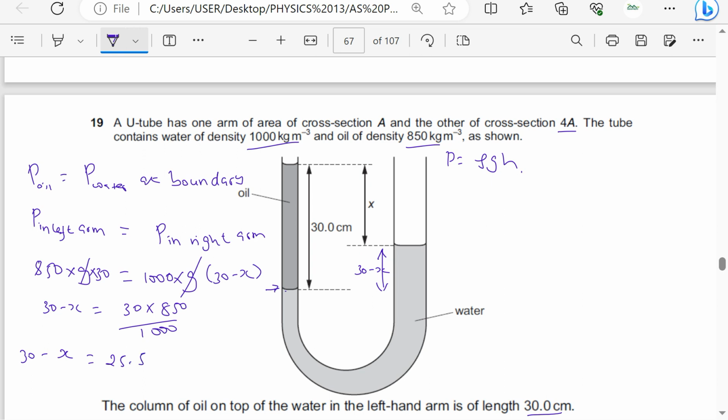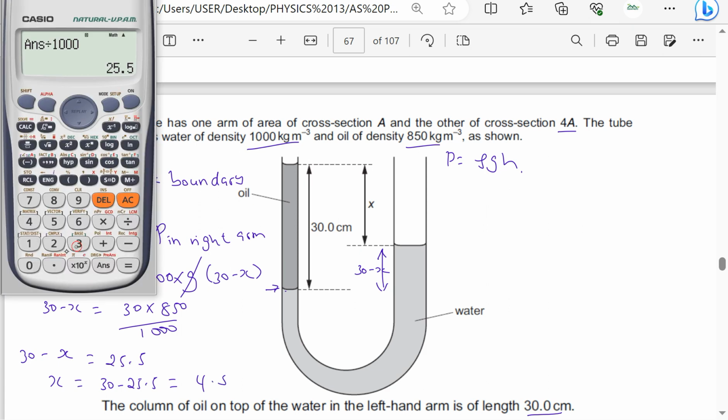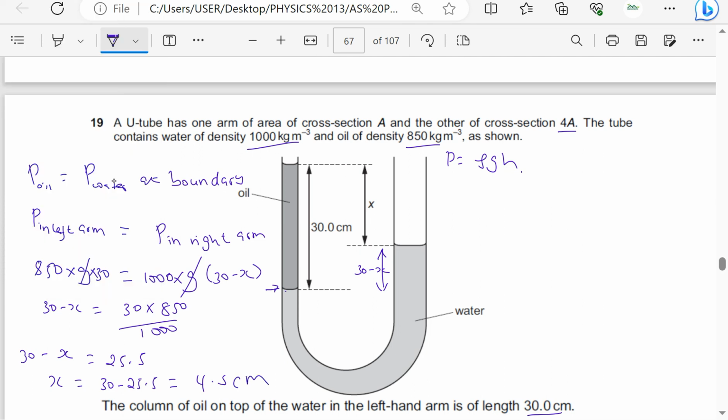If I solve for x, x is going to be equal to 30 minus 25.5, which is 4.5. That is 4.5 centimeters since I didn't convert.